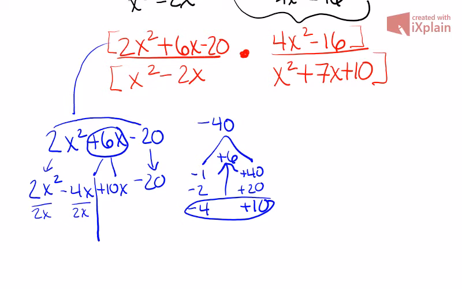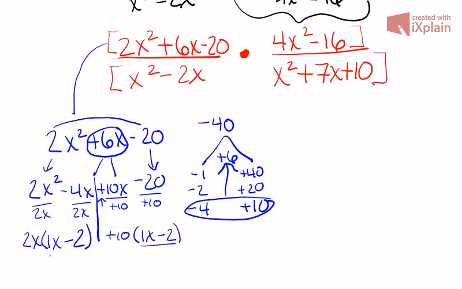It's the biggest thing they divide by. 2 divided by 2 is 1. X squared over x is x. Minus 4x divided by 2x is 2. Back here, they both divide by positive 10 since that's positive. That would leave me, again, with 1x minus 2.